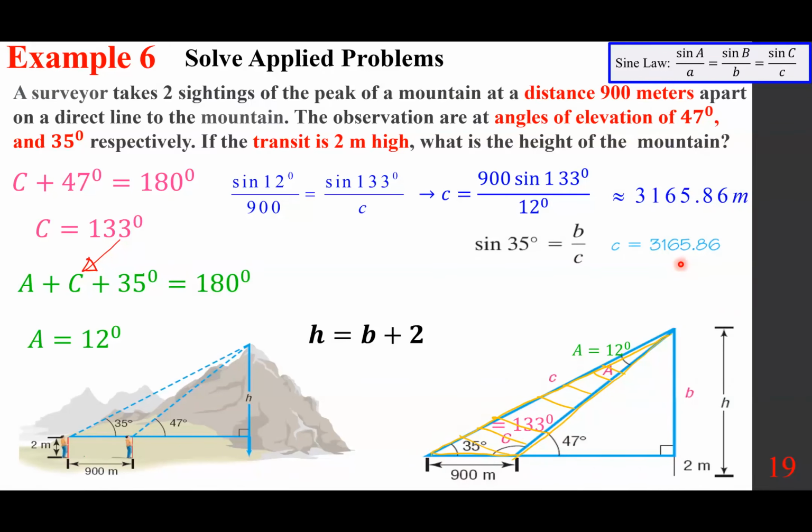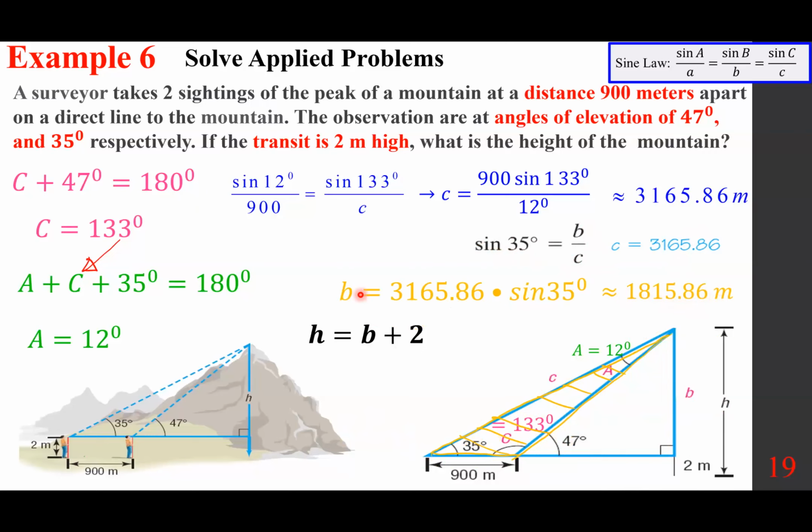Plug in. B is the product of C, which is this number, times sine of 35. Using a calculator will result in 1,815.86 meters, roughly.